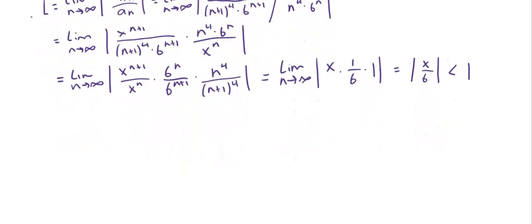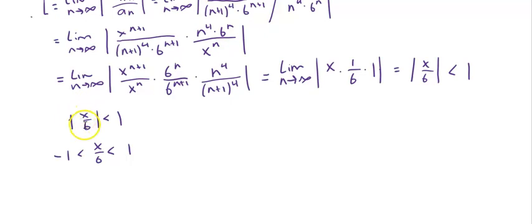I'm going to give myself a little bit more space here. So I'm going to rewrite that line: absolute value of x over 6 is less than 1. From here, you should know that algebraically, if something's absolute value is less than 1, then that something, x over 6, is between negative 1 and positive 1.